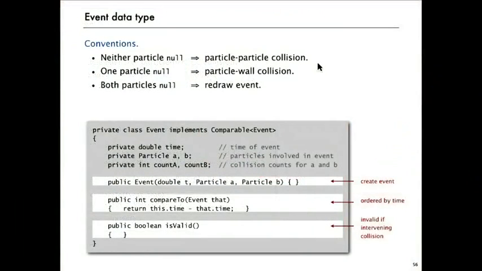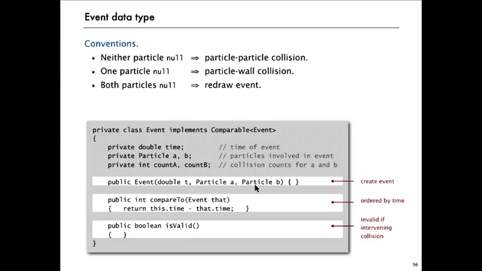We have a bunch of conventions just to reduce the code. We have this thing called an event, which says that between two particles something is going to happen at a certain time. We adopt the convention that if neither particle is null, then we're talking about two particles.